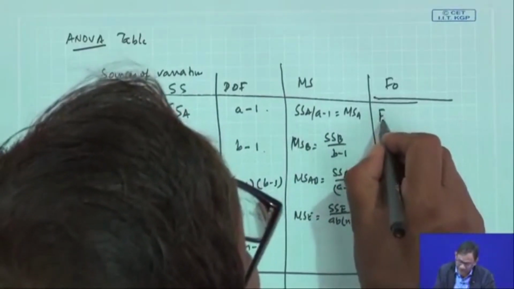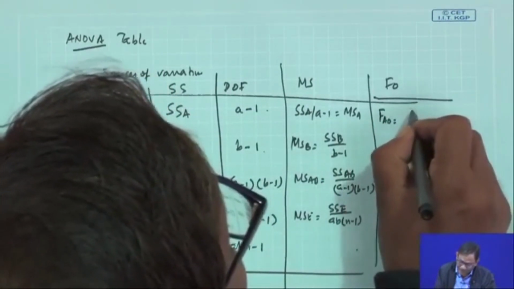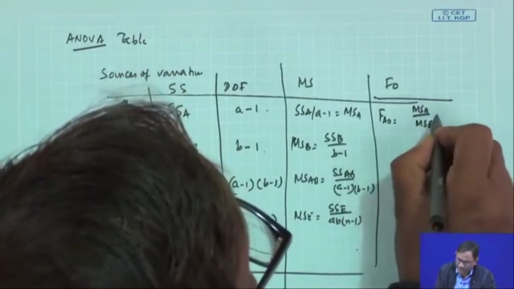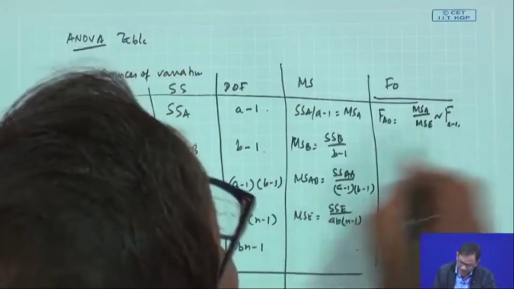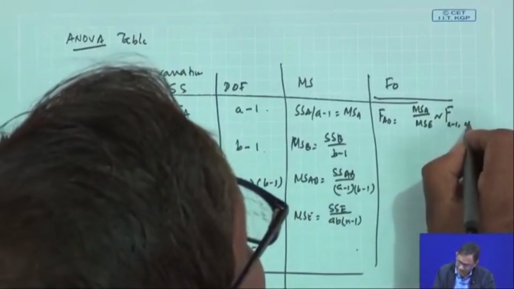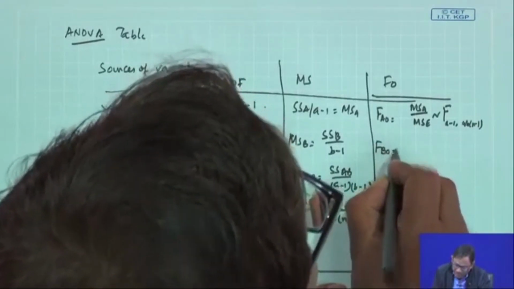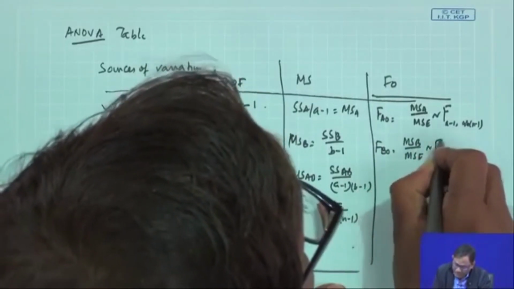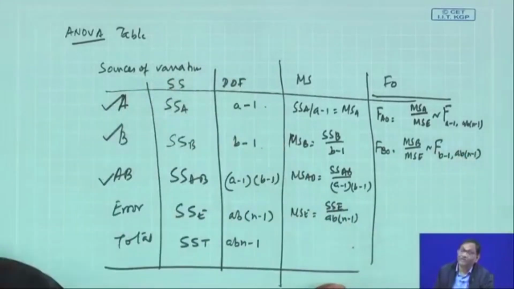F0 for A will be MSA by MSE, which follows an F distribution with a minus 1 and ab into n minus 1 degrees of freedom. Similarly, F0 for B will be MSB by MSE, following F with b minus 1 and ab into n minus 1.